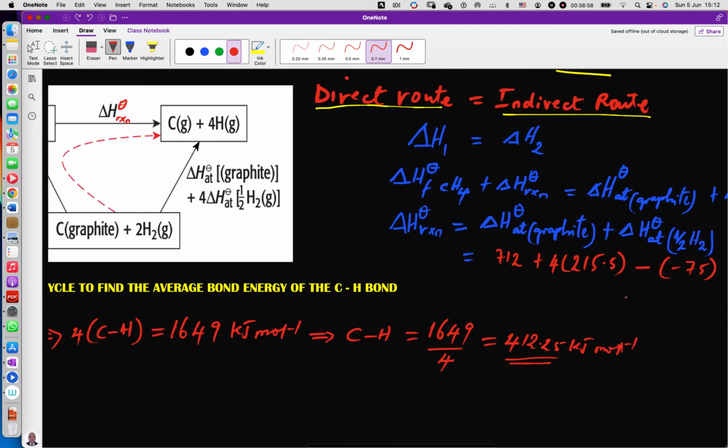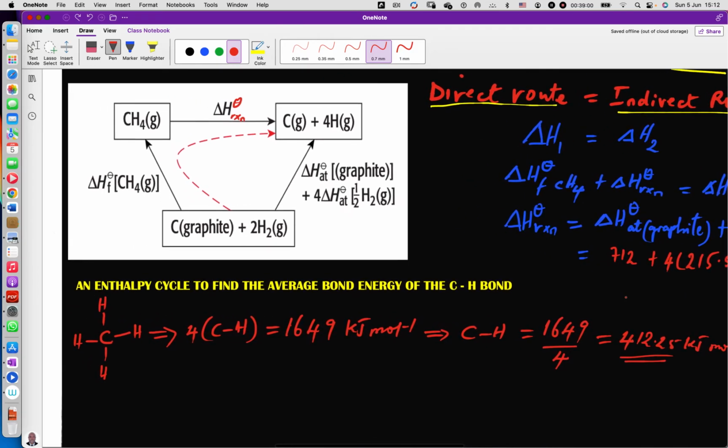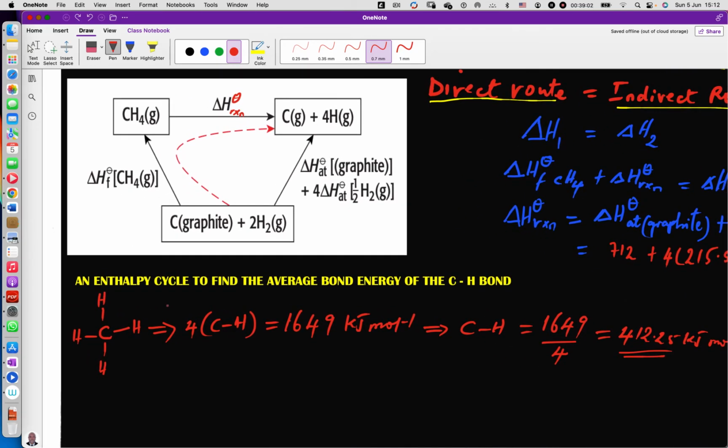So the next step, number 2, will be to draw our methane and equate it to this reaction we have got here. How many CH bonds are in methane? 1, 2, 3, 4. So 4 CH bonds in methane equals the value of that reaction.